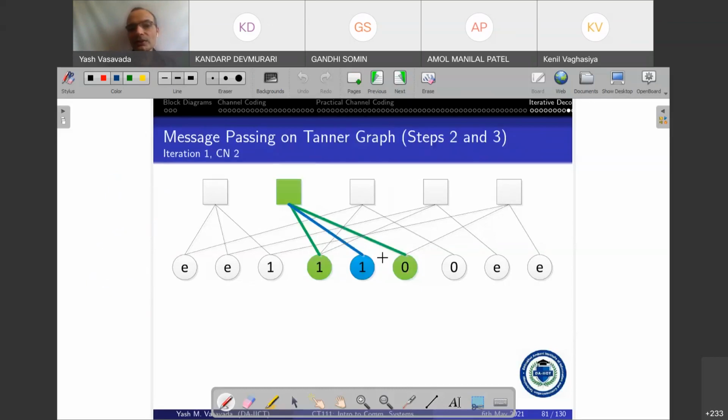Because both the nodes connected to this CN are unerased, this CN will be able to tell this VN that I have figured out what your value is. You can set yourself to be 1. This is the simple parity check equation. So if that earlier description of how the messages are passed was confusing to you, this is how it is done. Very simple.